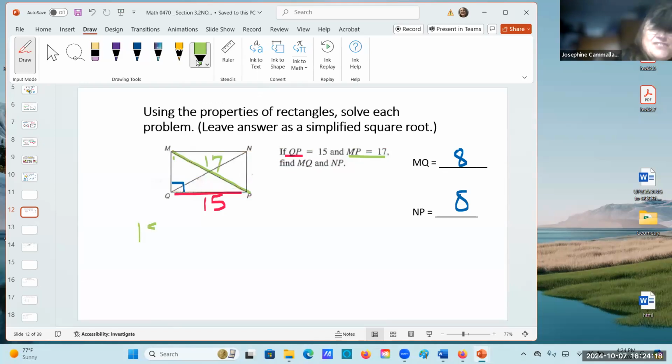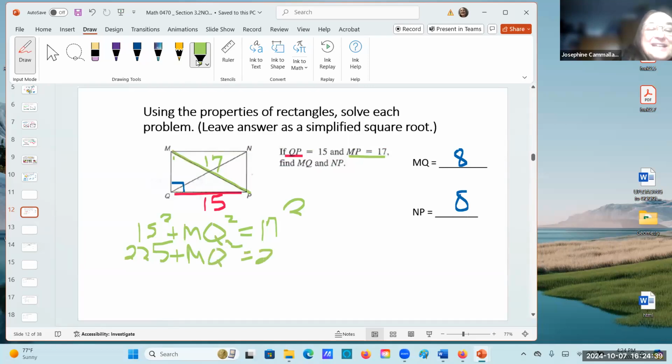This is 15 squared plus MQ squared is equal to 17 squared. 225 plus MQ squared is 289.